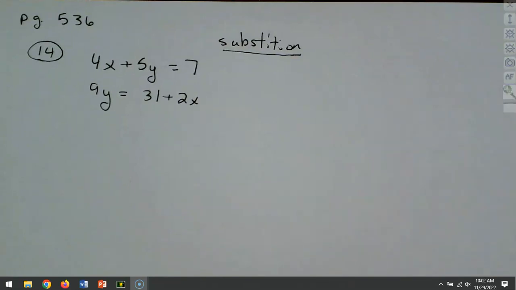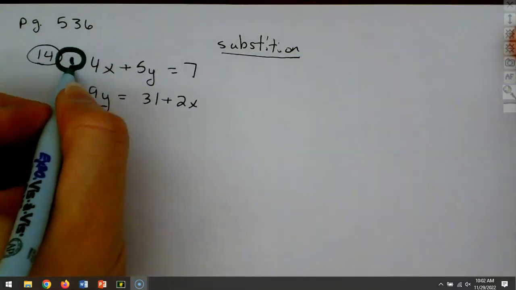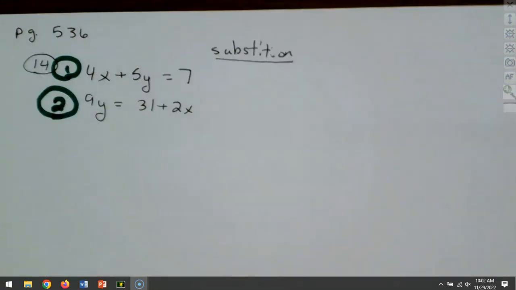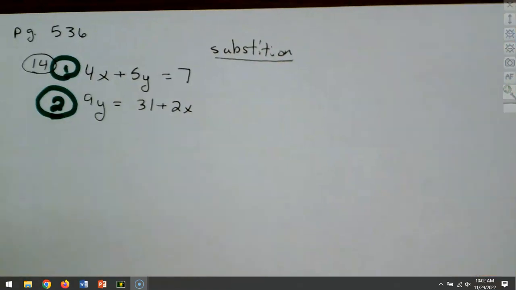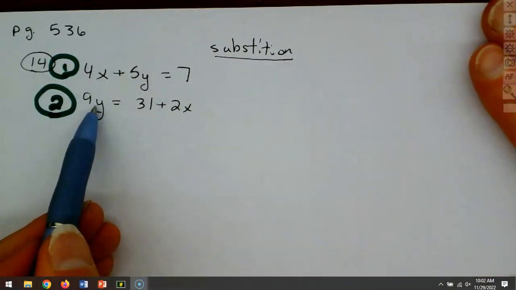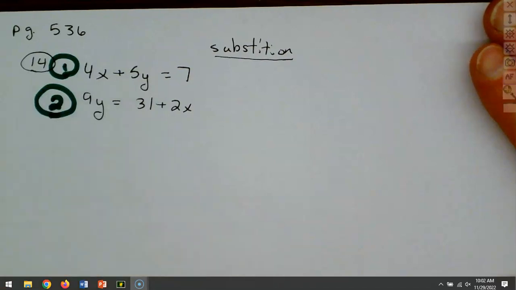Now, we are going to use substitution, so that means we're going to solve for one of the variables, and we're going to plug it into the other. We have our two equations. When I look at my second equation, what do we notice? It's mostly solved for y, right?